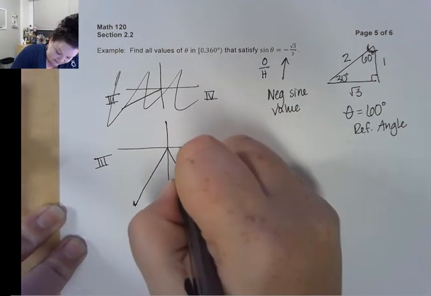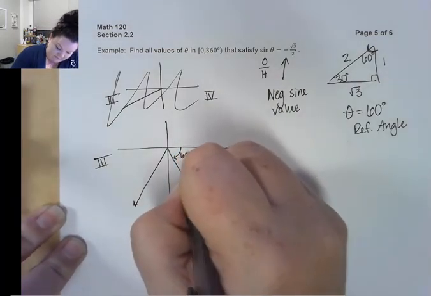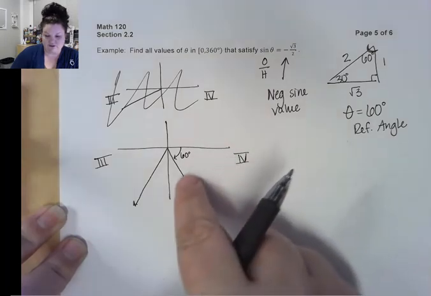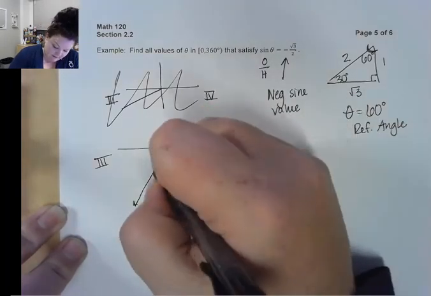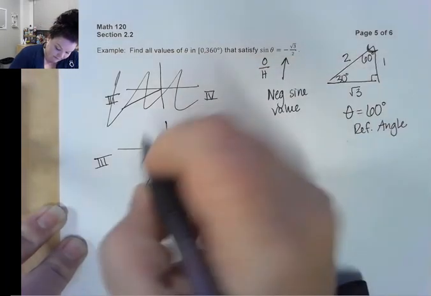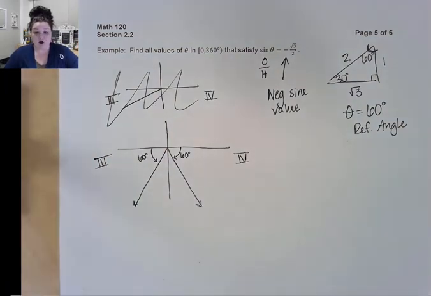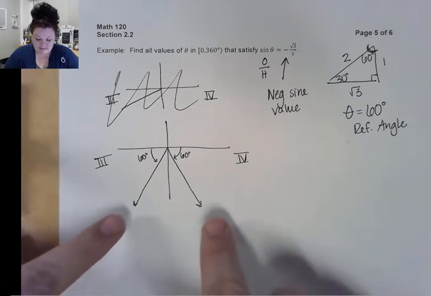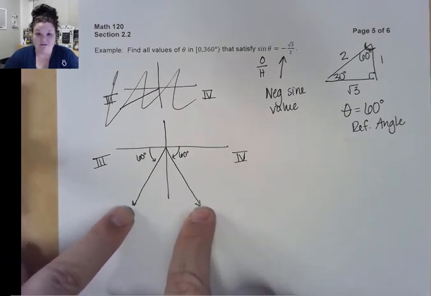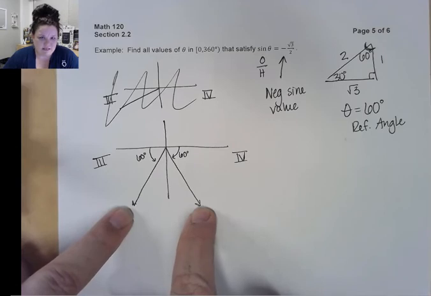So this is 60 degrees in this direction. That gives me a 60-degree reference triangle in this direction. This one gives me a 60-degree reference triangle in this direction. So now that I know that these are the two terminal sides of the angles I'm looking for, I have to figure out, okay, well, what angles give me these two terminal sides.